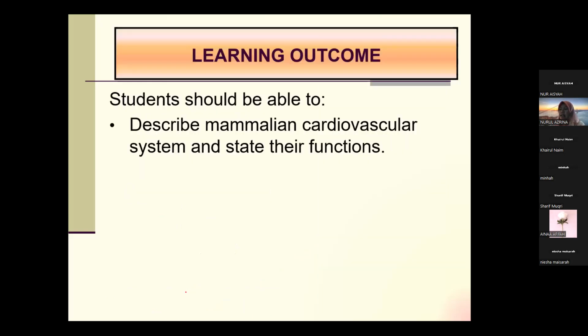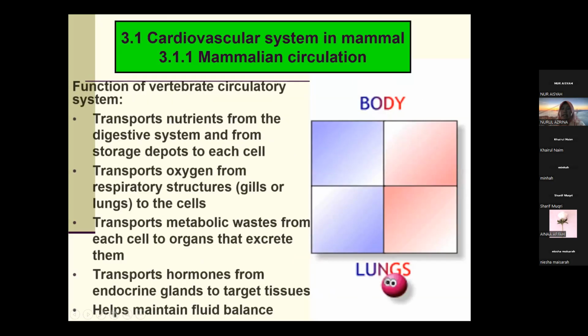Okay, right. So next, let's describe mammalian cardiovascular system and state their function. What are the functions of cardiovascular system or circulatory system of mammals, including human? First, the function of vertebrate circulatory system is to transport nutrient.